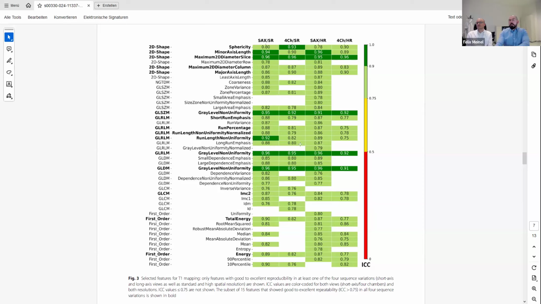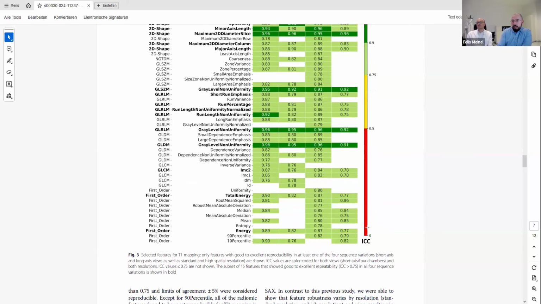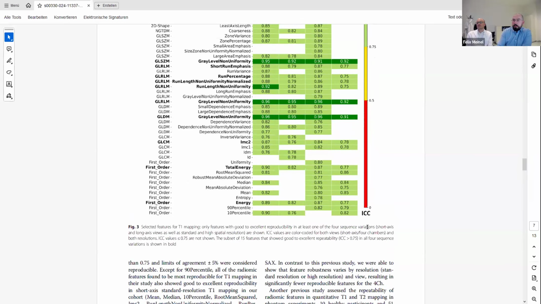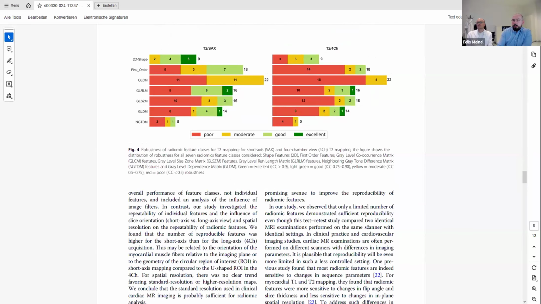15 radiomics features from 7 feature classes with good or excellent robustness. And the same we did for the T2 mapping. First, we divided it into the combination.